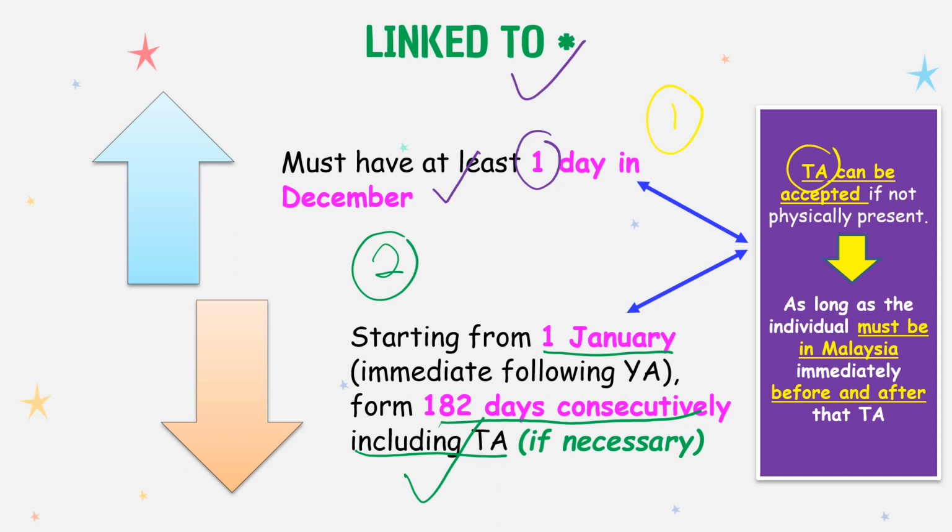But please make sure guys, if you use TA to form 182 days, make sure before and after TA, the individual must be present in Malaysia. So these are the conditions. Okay, it's quite confusing. You cannot imagine how to apply these two conditions, isn't it? So due to that, I'm going to show you guys tutorial questions.